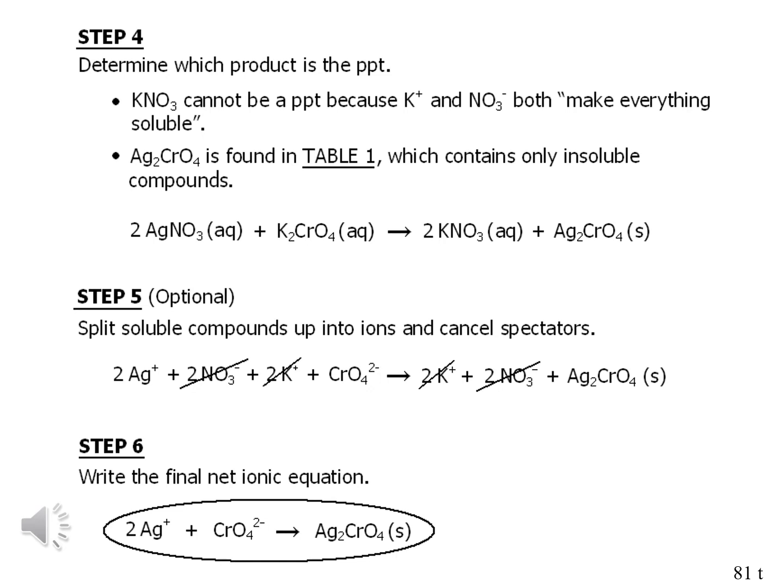And you can cross out the K and the NO3, which are the spectators, and you end up with the net ionic equation. For some of the other reaction types, you might have to do this in order to get the net ionic, but for double displacements, it's usually easier, and you don't have to go through that whole thing.